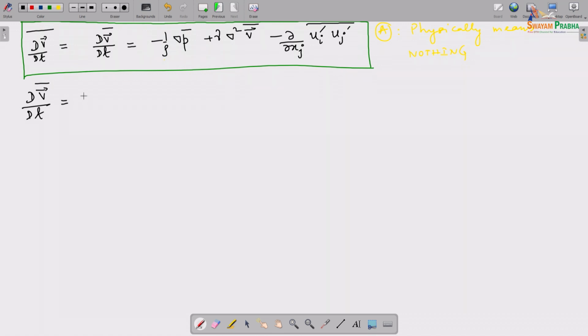Let us just say I am going to write it this way, where this term, I am going to write this term.